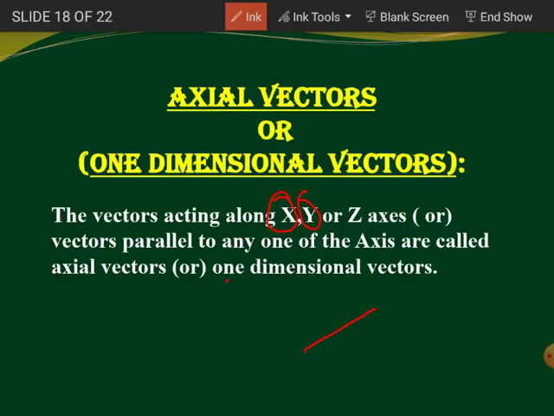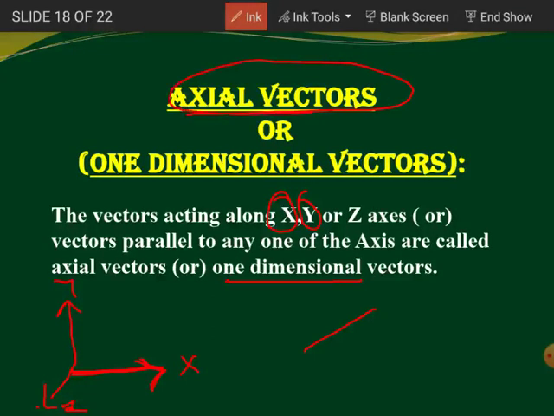One-dimensional means that in order to specify that position, if we require only one physical quantity, then we call it one-dimensional. So in the case of the x-axis, y-axis and z-axis, if you require that particular vector along a definite direction, then we call that type of vector an axial vector.